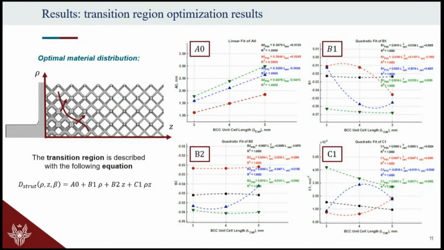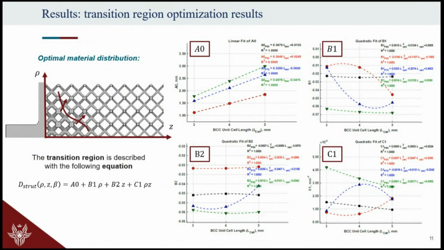So we selected one specific cell, which is the BCC cell, but with the proposed methodology, you can easily address whatever strut topology you like. We selected this equation in order to change both in the axial and radial direction the distribution of the strut dimension.